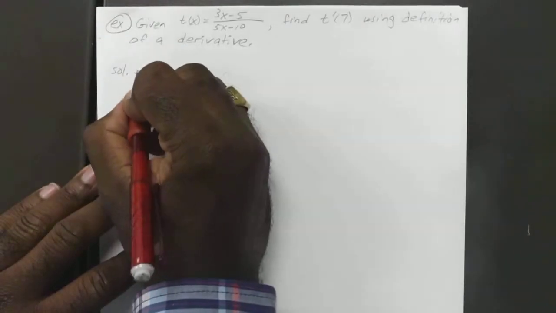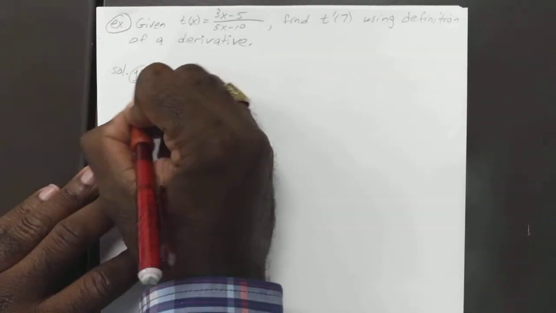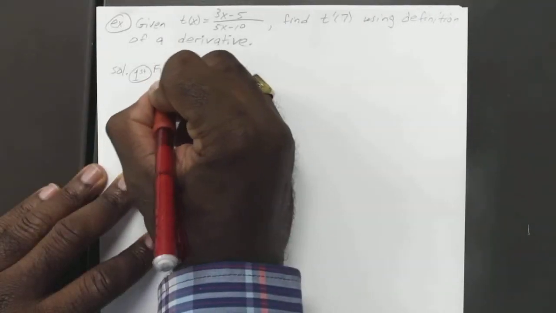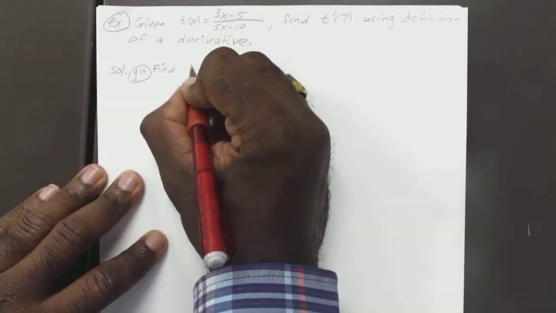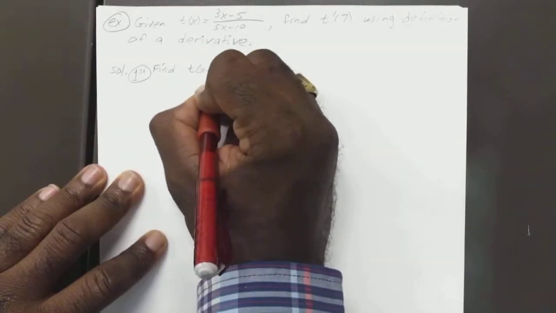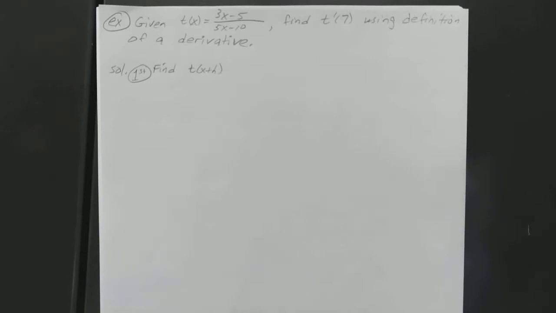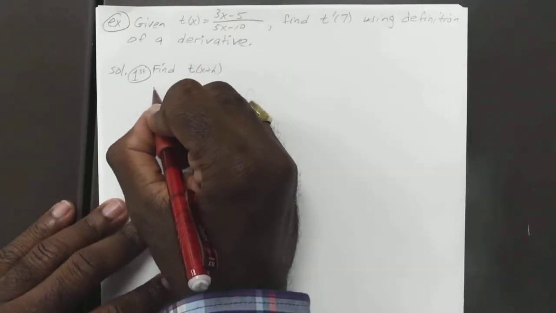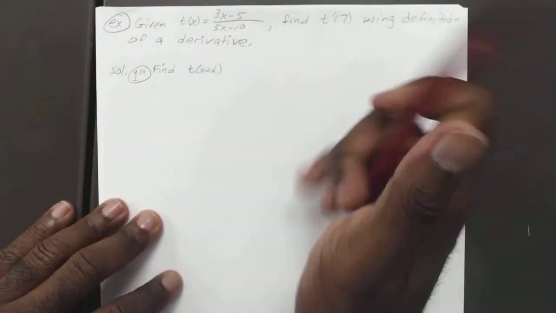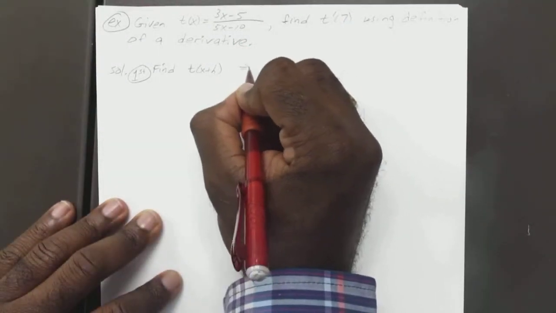Okay, so the first thing you want to do is get your t of x plus h. All you have to do is replace all your x with x plus h. And I'll put this right next to it just to save space.